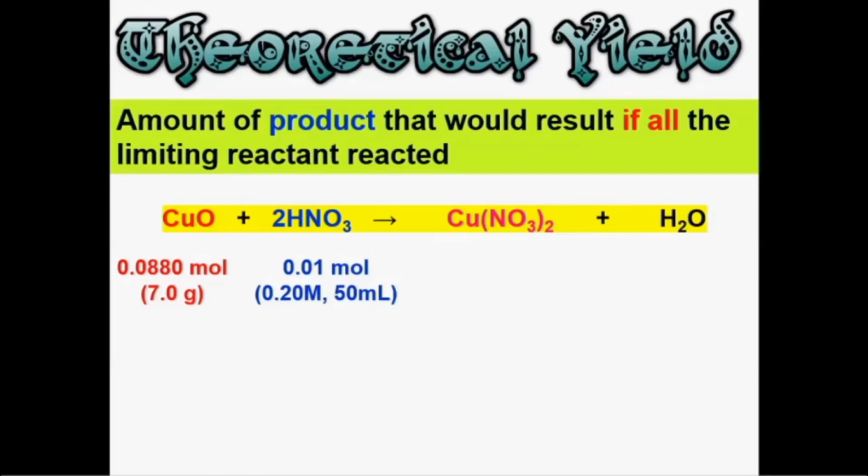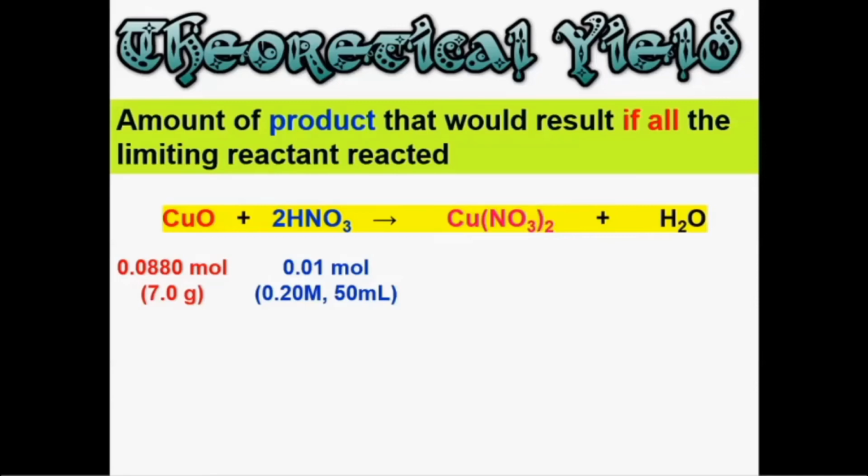Just now we have already determined that in this reaction, nitric acid is the limiting reactant, and that's why the moles of copper nitrate produced depend on the moles of nitric acid.